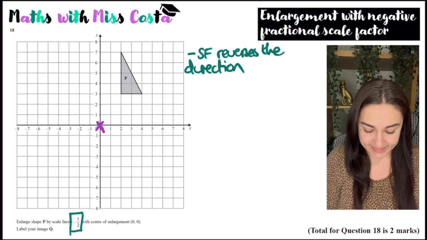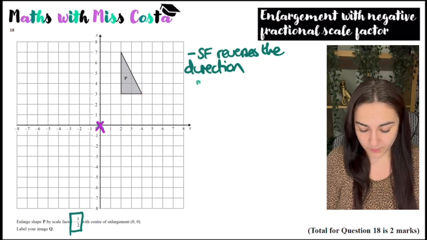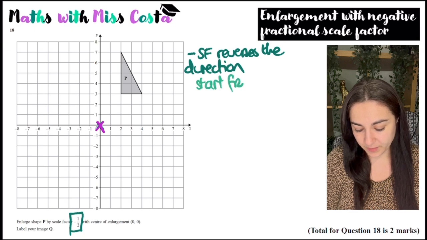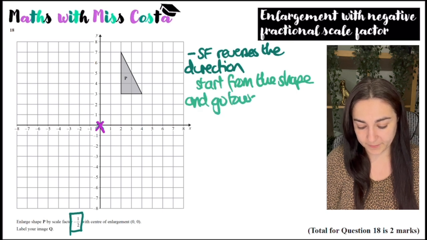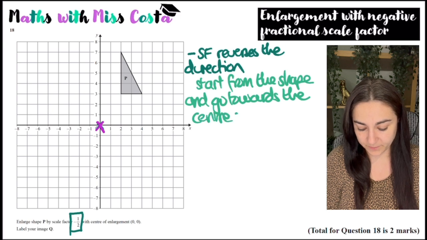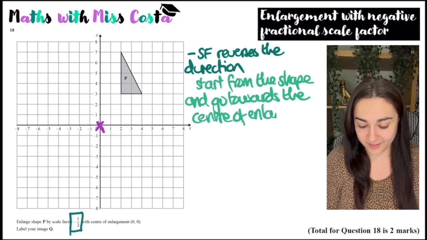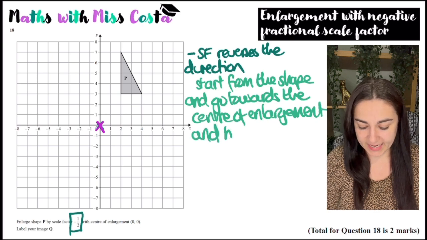Now, when it's a negative scale factor, what I do is I start from the shape and go towards the center of enlargement and beyond. Okay, so that's for the negative part.